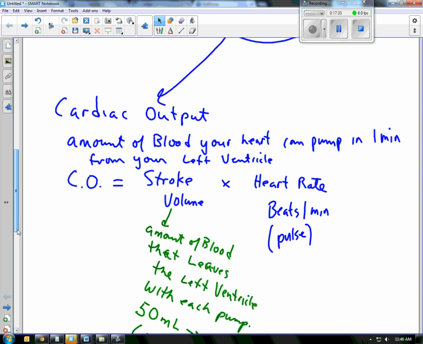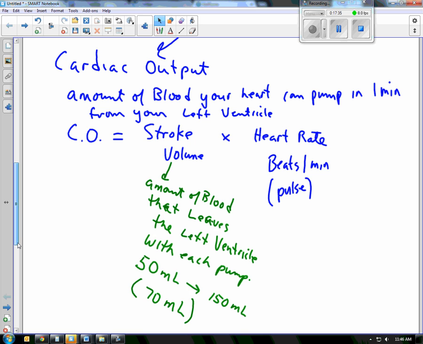It's dependent on your stroke volume. And what is your stroke volume? Well, your stroke volume is the amount of blood that leaves your left ventricle with each pump. So that really varies in people.